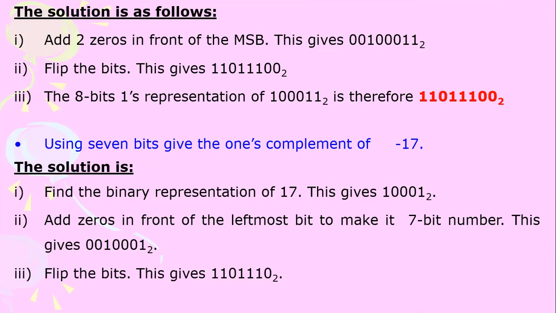The third step is now to flip the bits. In other words, we now change ones to zeros and zeros to ones. This gives us 1, 1, 0, 1, 1, 1, 0 binary.